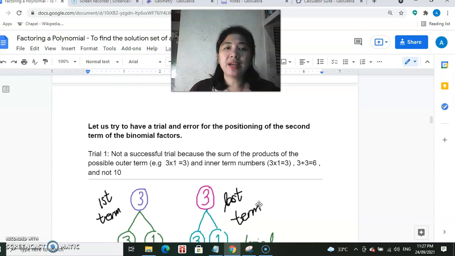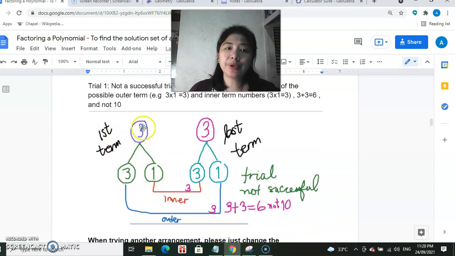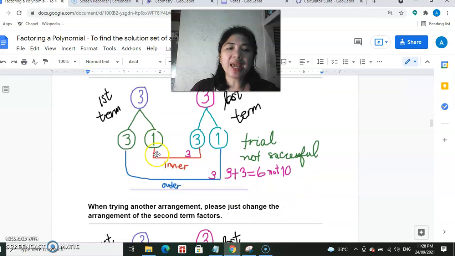This is a non-successful trial. Again, we have the first term number 3, with factors 3 and 1, and the last term number 3, with factors 3 and 1. For example, let's consider this position, 3 and 1 here. We have the inner terms of the two binomial factors and also the outer terms.